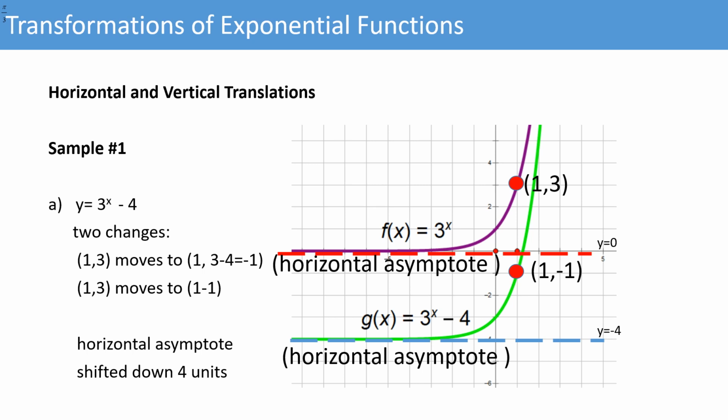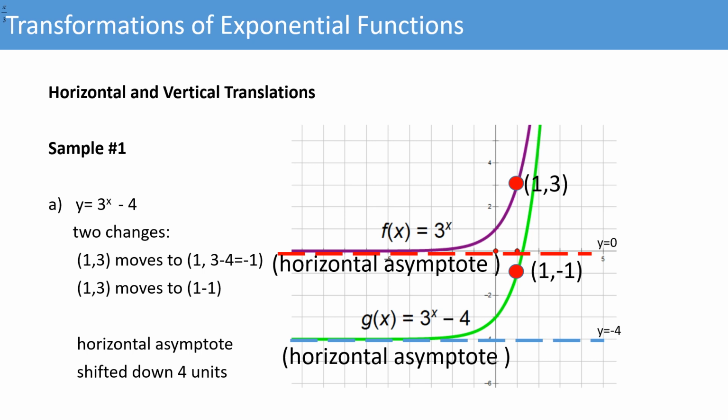Now we're going to look at what happens when we add the negative 4. So we will see that our original point of (0, 1) has moved down and become (0, −3), which is the point on the y-axis that the green graph passes through.